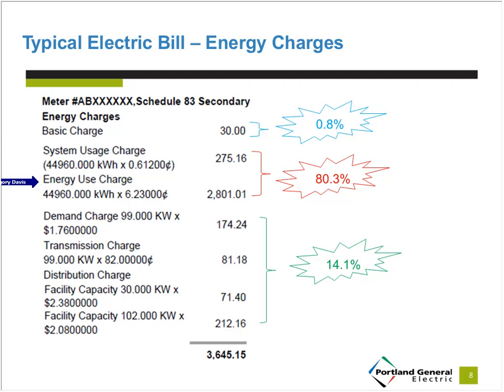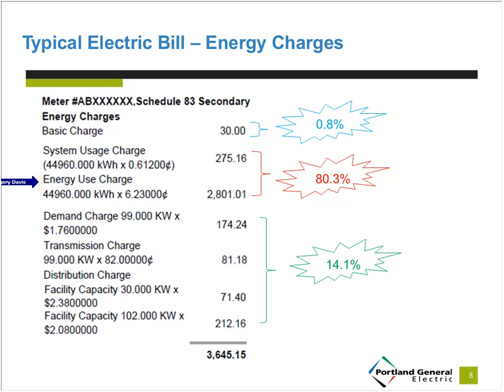So what you're interested in basically when you are trying to monitor your energy is this energy use charge right here. The rest of the charges are going to be there. They do change depending on how much you use, but they're set, and there's not much you can do about them. But the energy use charge is the actual usage: when you turn on a light, an HVAC system, an engine or a motor, or your refrigerators, this is where that usage charge gets put on your bill.